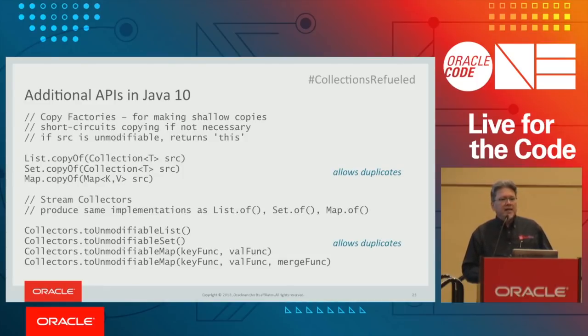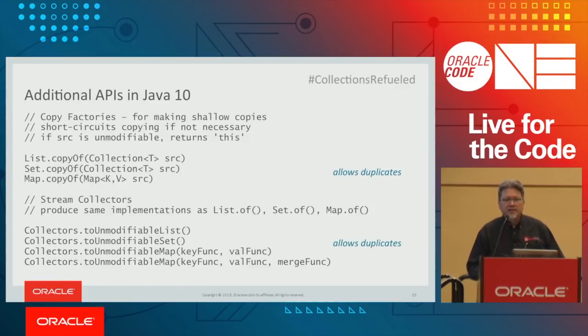Notice that those take a collection, and so that's interesting. This is a common case here. One of the things that I think was a legitimate complaint about the previous APIs was, suppose I have a bunch of items I got from somewhere and I want to deduplicate them and store them into a set. If you call Set.of, that will throw an exception if there are duplicates. Sometimes you really do want to throw away duplicates, and you can do that with Set.copyOf.